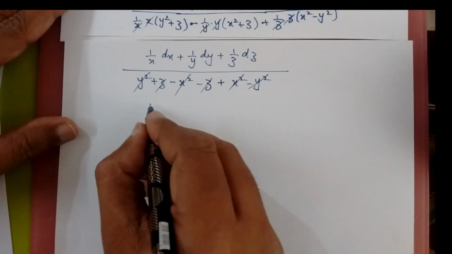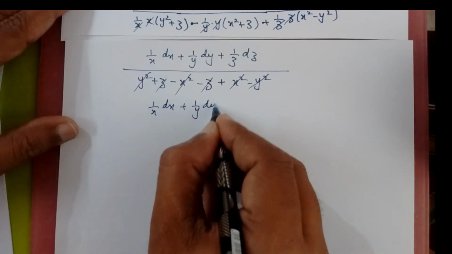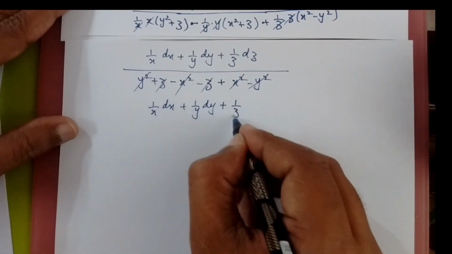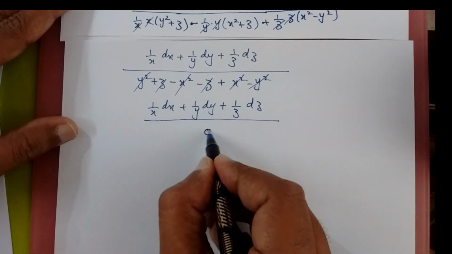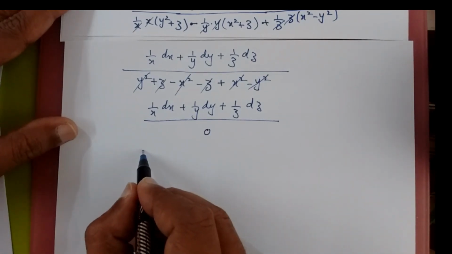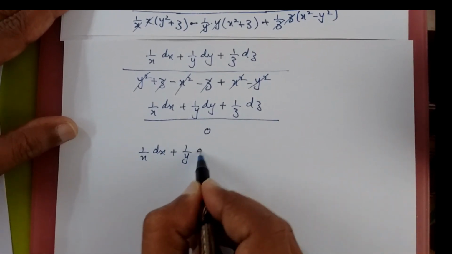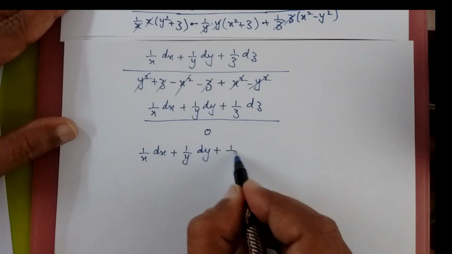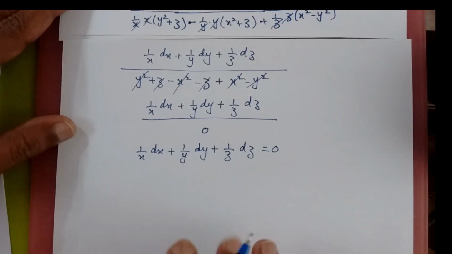So we will be left out with 1 by x into dx plus 1 by y into dy plus 1 by z into dz, whole divided by the denominator which is 0. Therefore we have 1 by x into dx plus 1 by y into dy plus 1 by z into dz, its value is equal to 0.